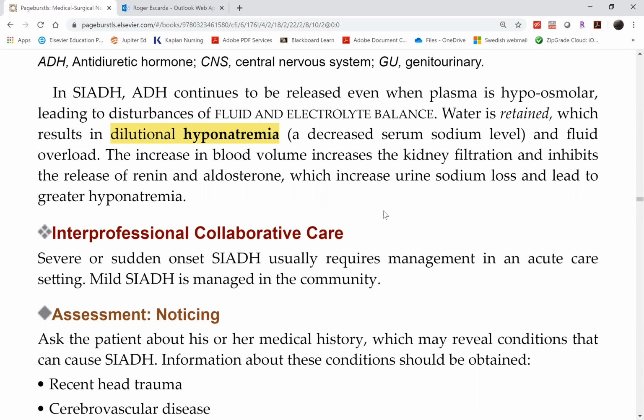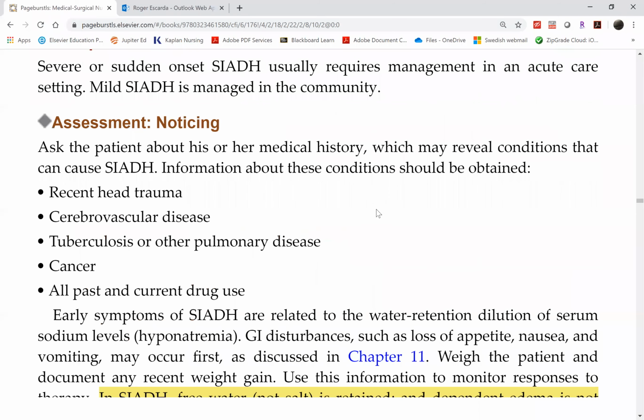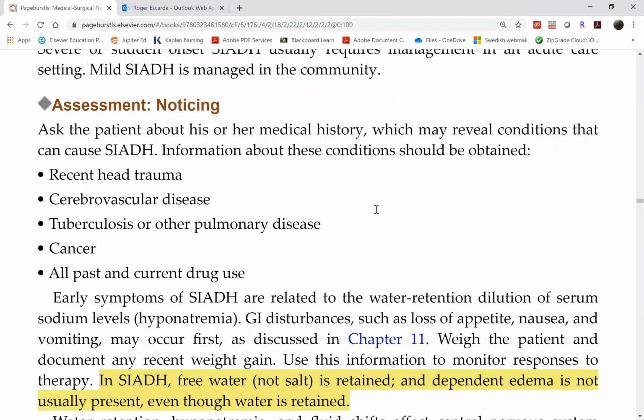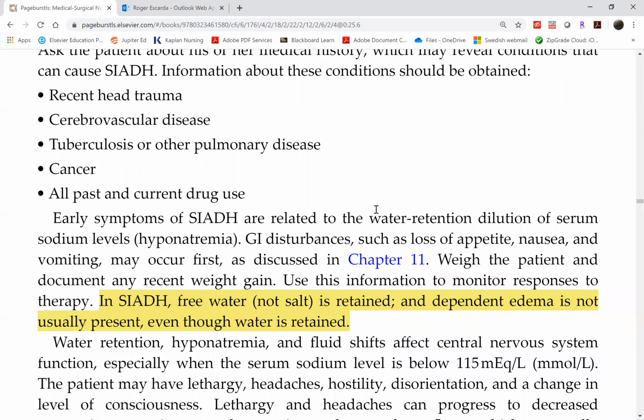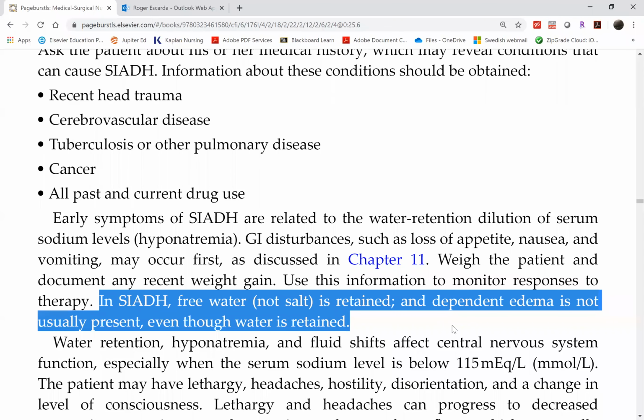And under signs and symptoms, though, it may be rational to think that the patient has fluid overload, that you will see edema. Not so in SIADH. If you read the statement here, because SIADH only affects water and not sodium directly, let me emphasize directly, okay?